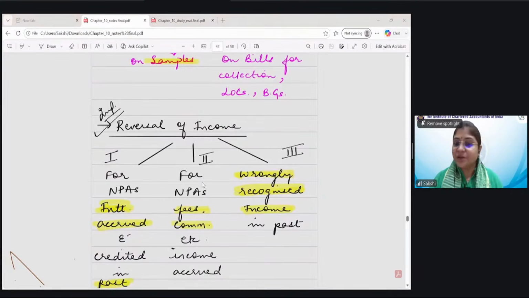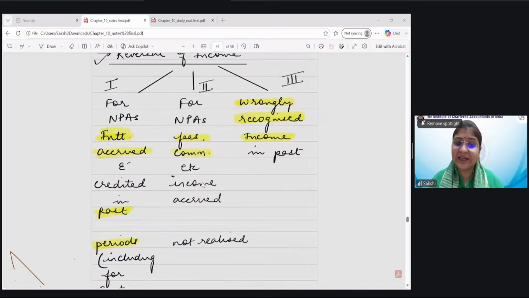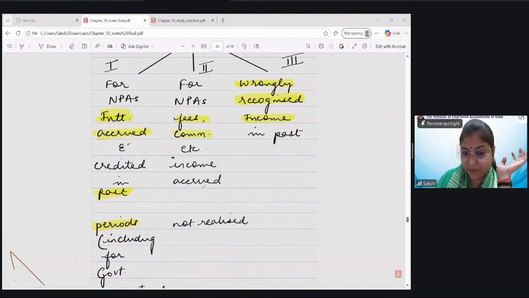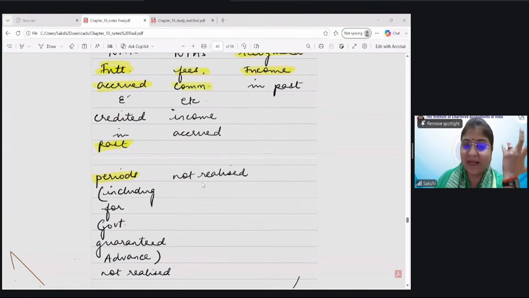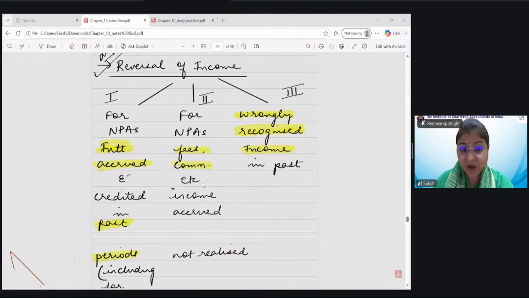Okay, reversal of income. So it says for NPAs where interest was accrued and credited in the past periods, including for government guaranteed advances, which are not realized. The interest was accrued and credited in the past year. For NPAs, where you get fees, commission, income accrued but not realized.